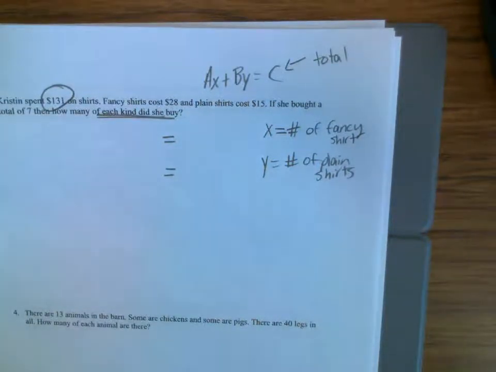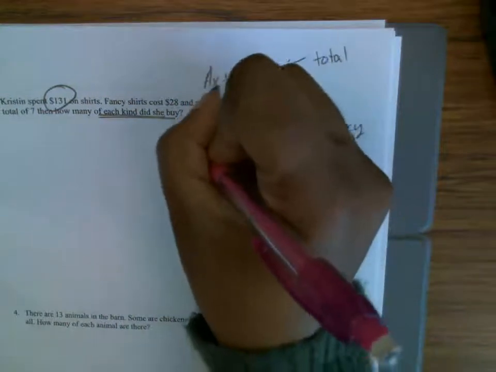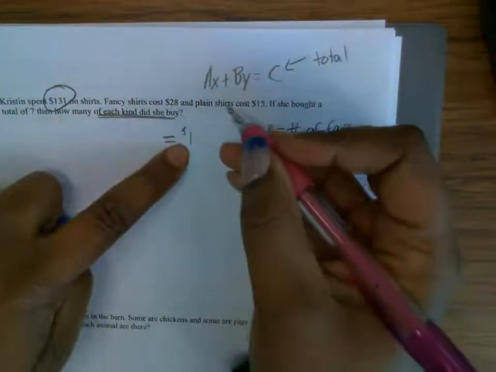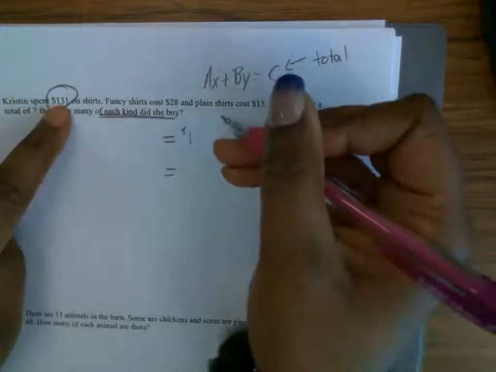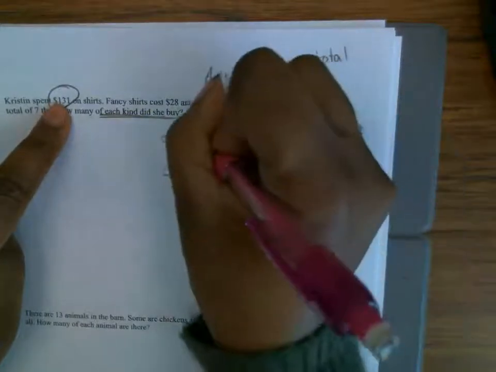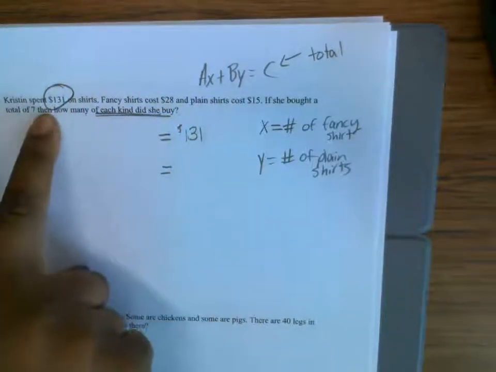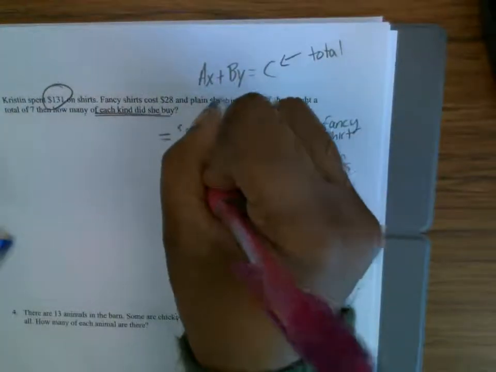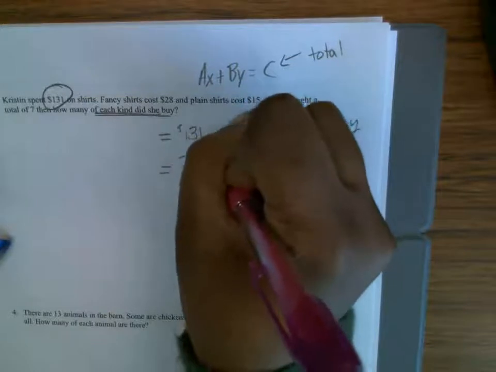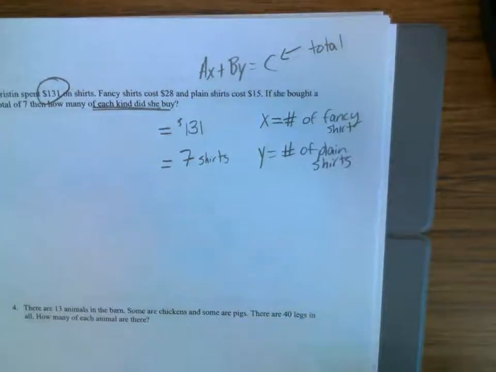So this is money, and I have to recognize that this is talking about a total of $131 on the shirts. This is the total cost for the shirts. The other total is how many shirts she actually bought. She actually bought 7 shirts. Any questions about the totals and how I got those C's?